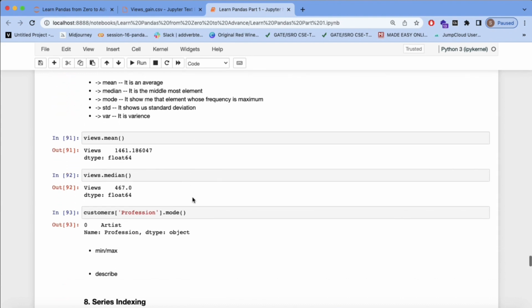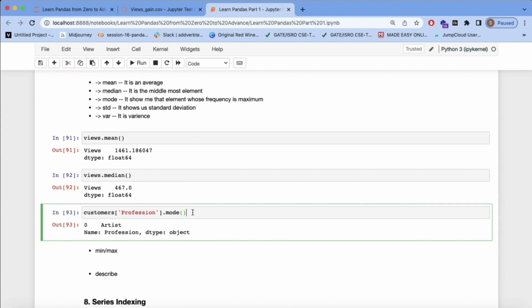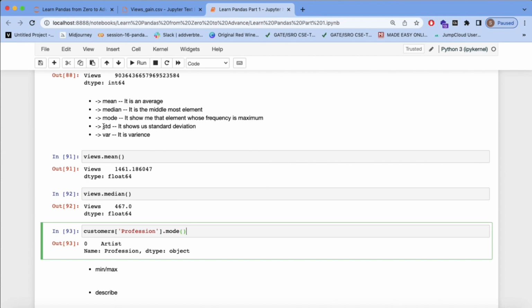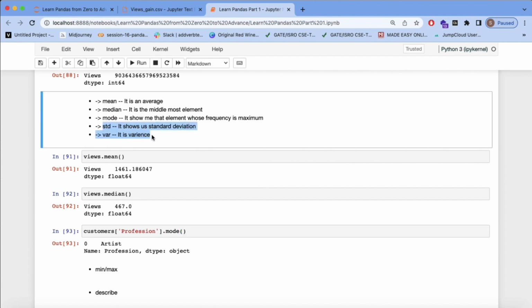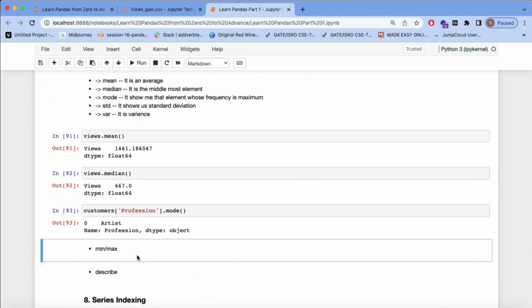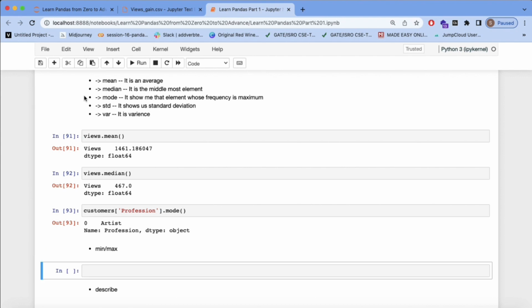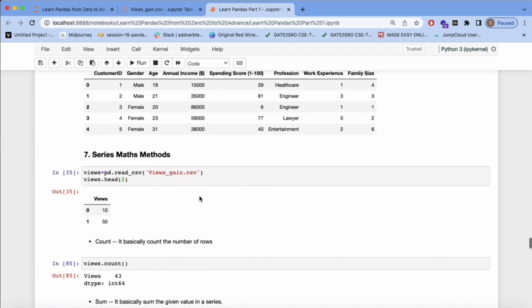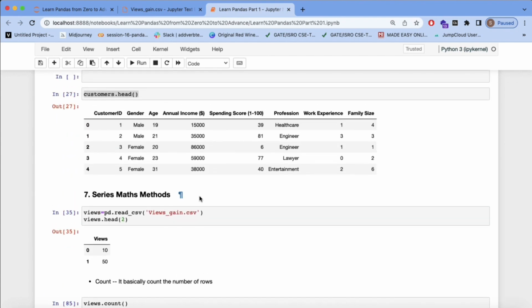Okay, the next are standard deviation and variance. We are going to see standard deviation and variance in a future video. Right now we are going to see min and max. Let's suppose I want to know which customer has the maximum annual income, how can you find that?